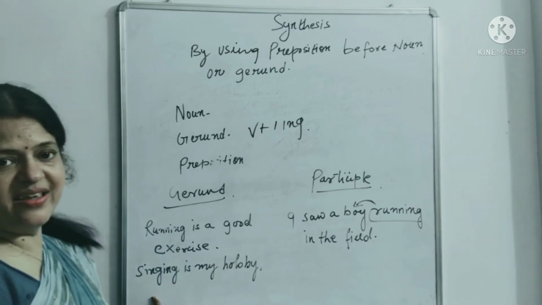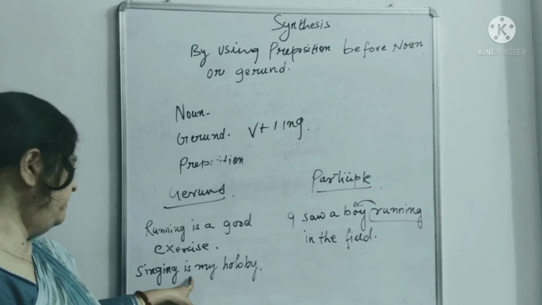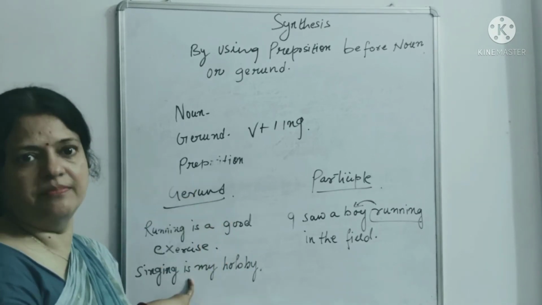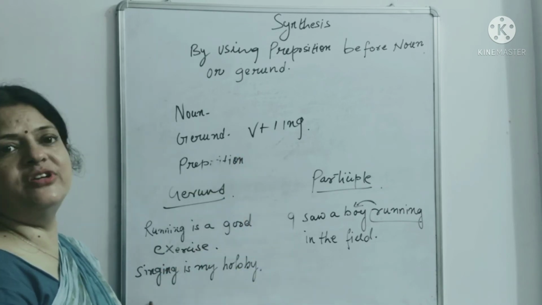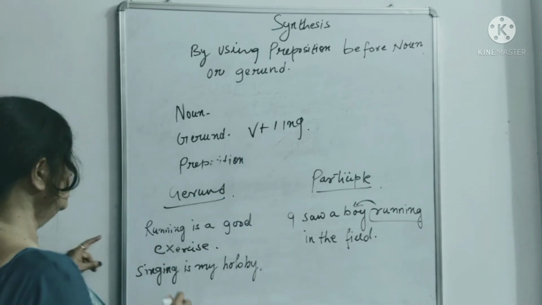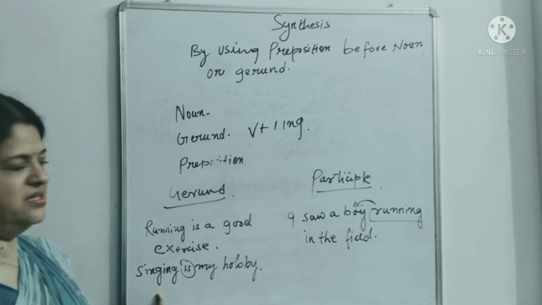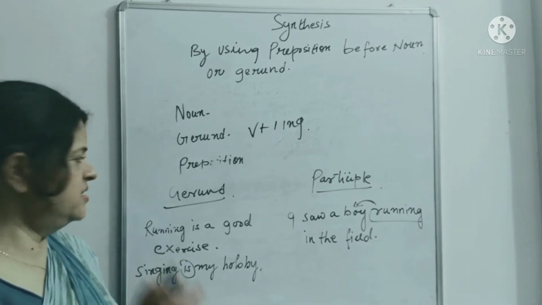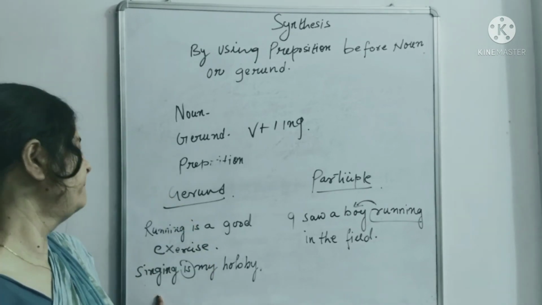So this singing is a noun, and this noun is placed in the place of a subject. It is the subject of this verb is. So that is why it is gerund. Singing जो है गाना मेरी हॉबी है.